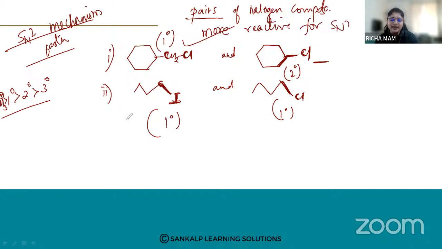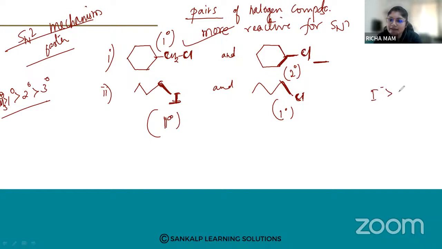Then when you're comparing the second one, both are primary. But you now have to see the nature of the leaving group. Better the leaving group, what was the order?